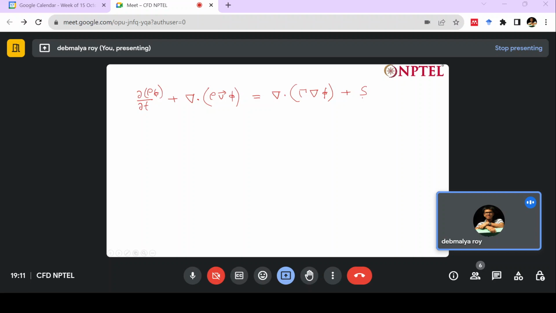So by now you must be familiar with this equation form and what the different terms signify.